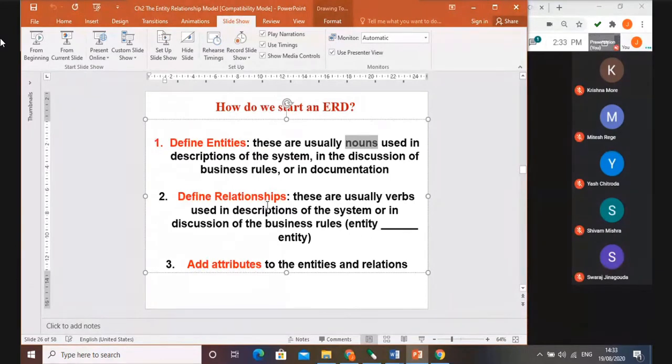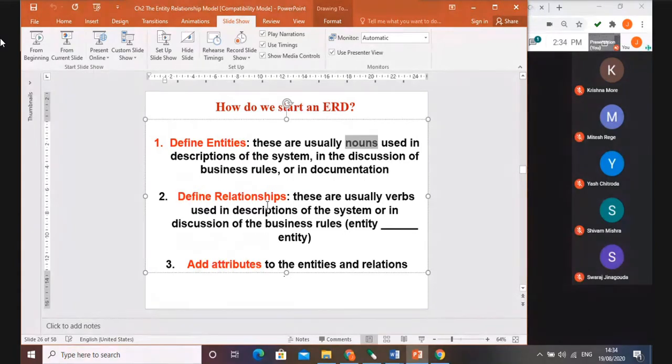Now, sometimes it is possible that the verb or sentence is not present in your problem statement to identify the relationship between two entities. But you are thinking that you need to show this particular relationship between these two entities.